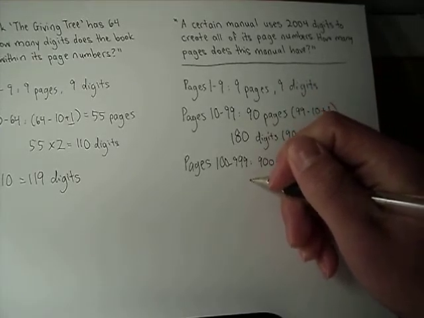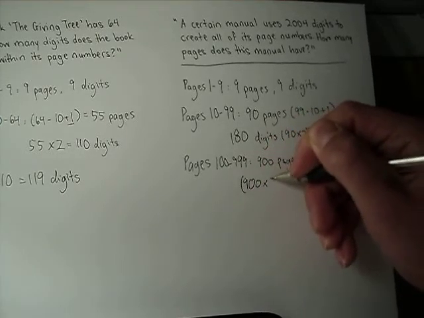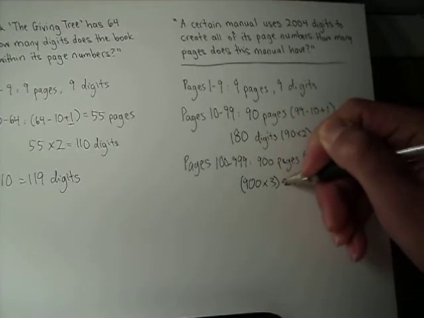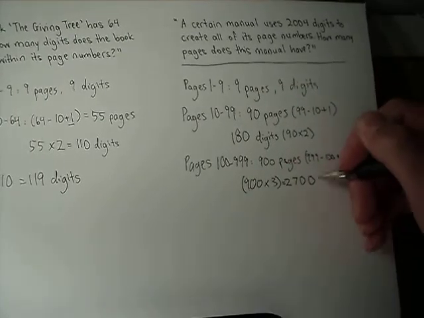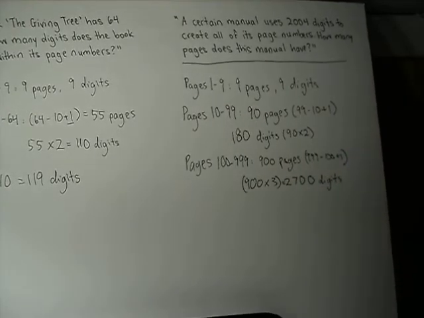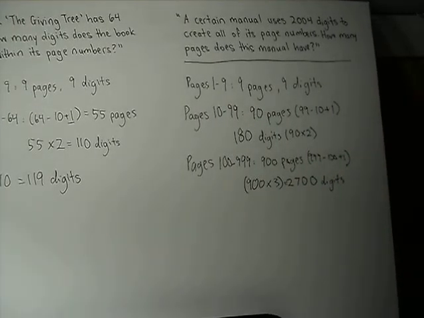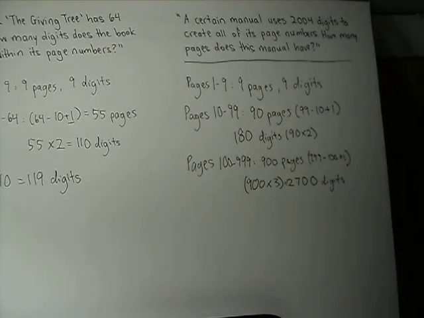And this would give us 2,700 digits. And since 2004 is less than 2,889 digits, we know that this manual will end with a 3-digit page number.